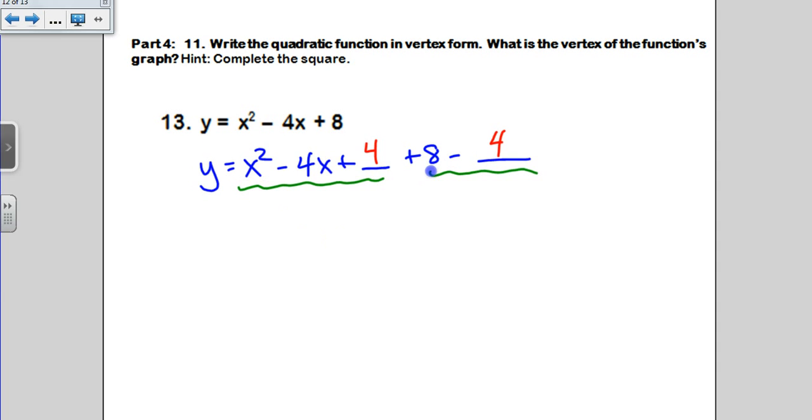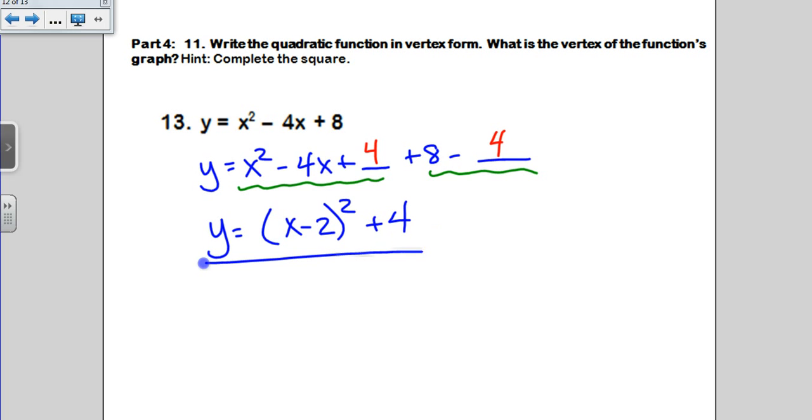I'm going to group these last 2 together. And that's going to give me y equals, let's factor that first group, x minus 2 squared, and then 8 minus 4 gives me a plus 4. So there's vertex form for that quadratic, and the vertex is located at (2, 4).